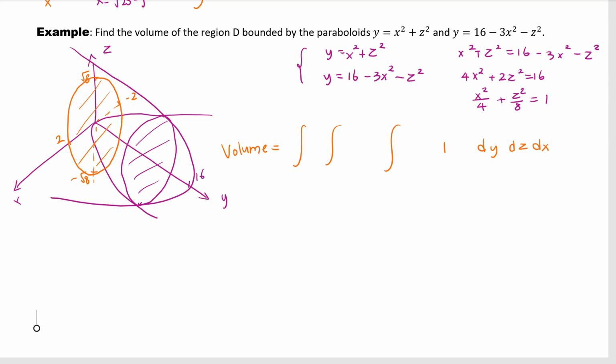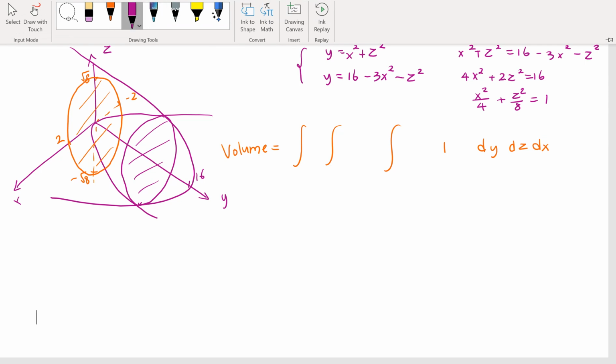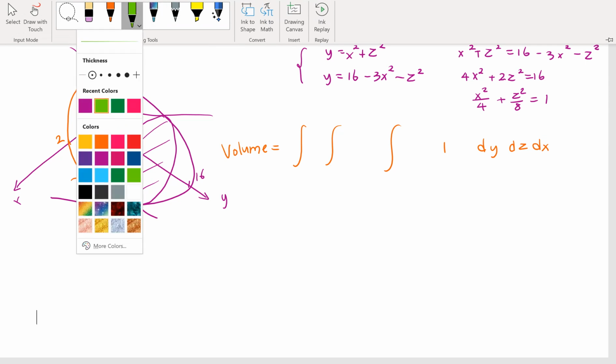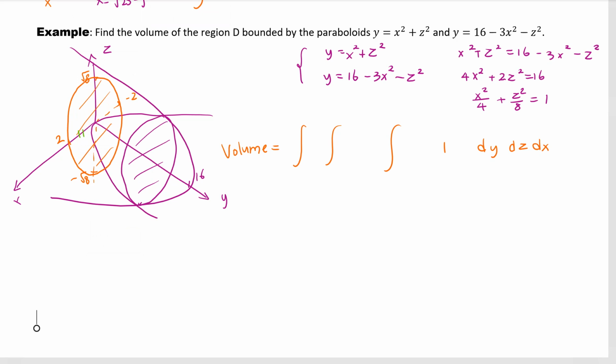Okay, let's see. Where is dx? So dx is on the x-axis, right? So this is dx. And then the next one we have is dz. You want to draw a rectangle on the xz plane. This is the rectangle. So x goes from 0 to 2, and then z goes from the bottom, z is 0.